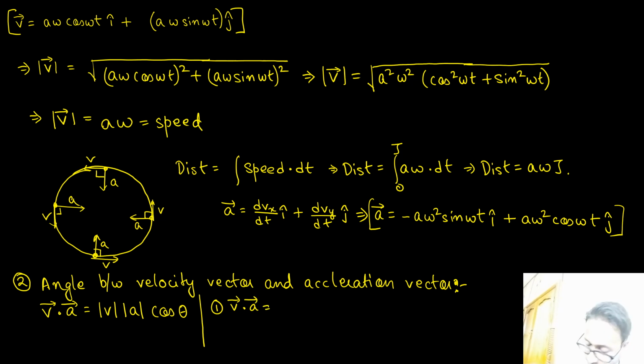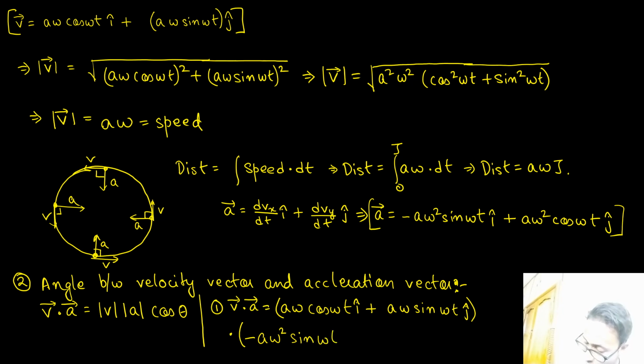So v dot a is equal to how much? (a omega cos omega t i plus a omega sin omega t j) dot (minus a omega square sin omega t i plus a omega square cos omega t j).